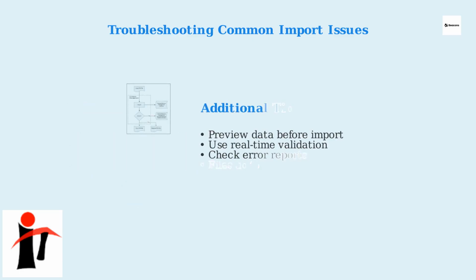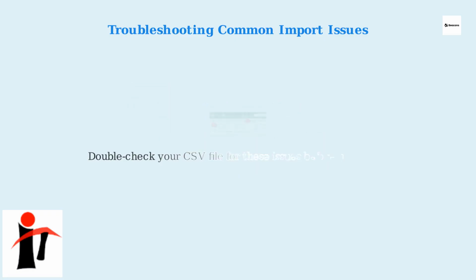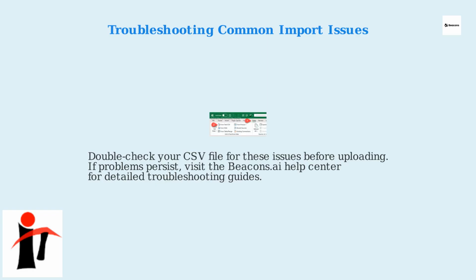For better results, preview your data before importing, take advantage of real-time validation to catch errors early, and review any error reports generated. Beacons.ai supports files with up to 100,000 rows. Always double-check your CSV file for these common issues before uploading. If you encounter persistent problems, consult the Beacons.ai Help Center for detailed troubleshooting guides.